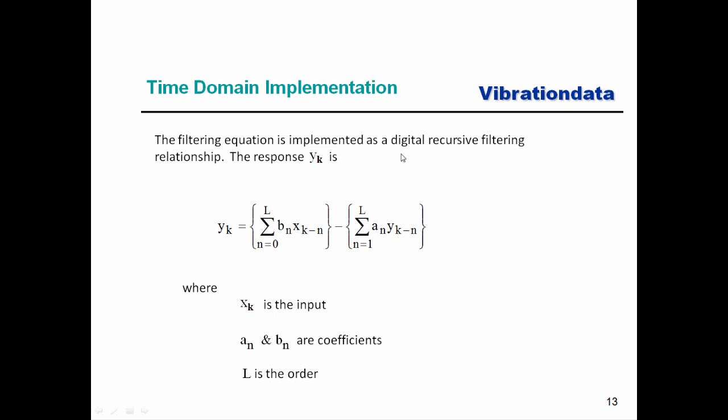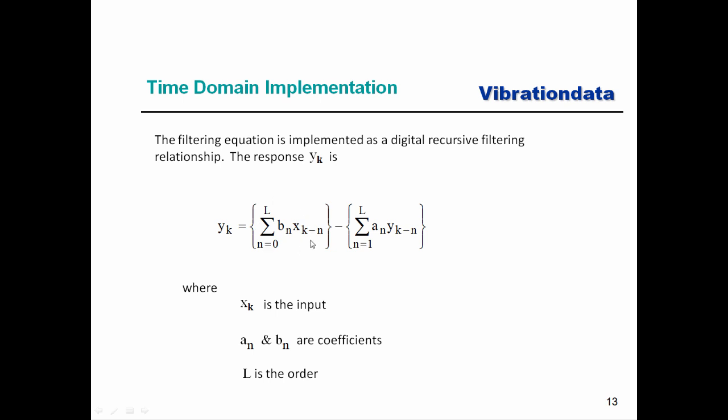Well, here's our implementation of our digital recursive filtering relationship. So let's allow x to be our input time history, and y will be our output time history, and k will be a time index. So this formula is shown on the right. Now, in these curly brackets there are two sets of terms.